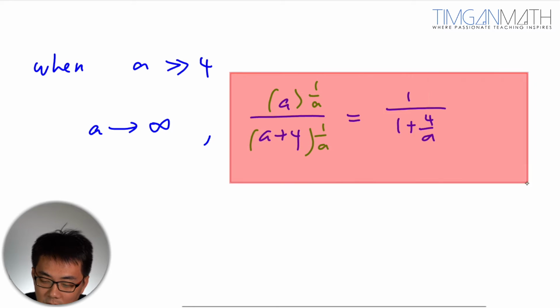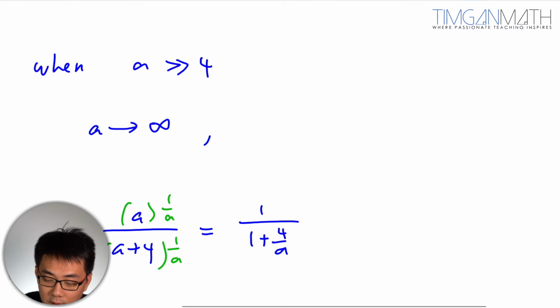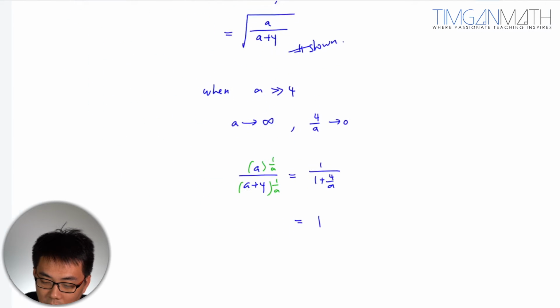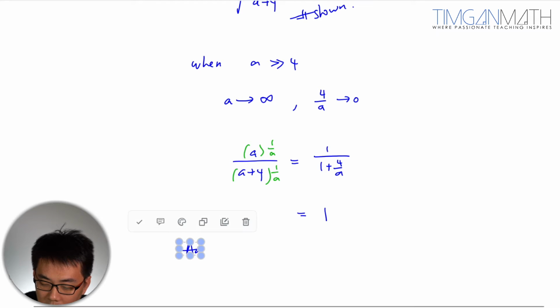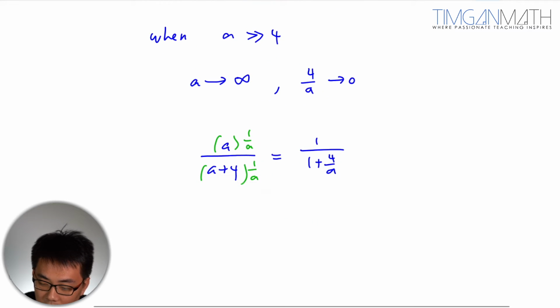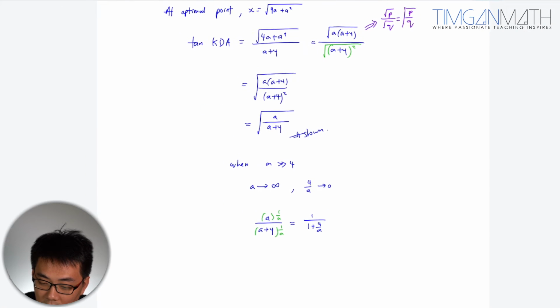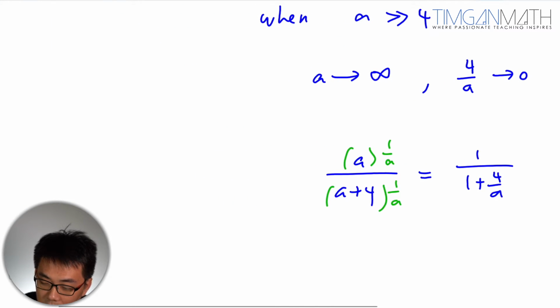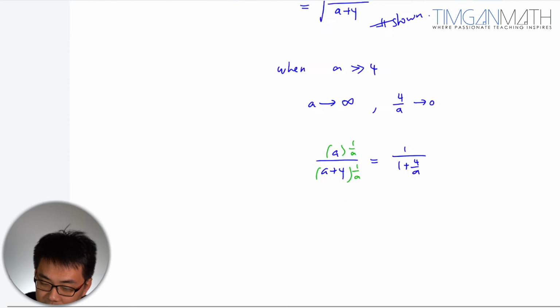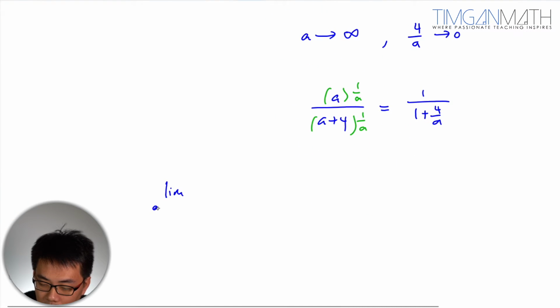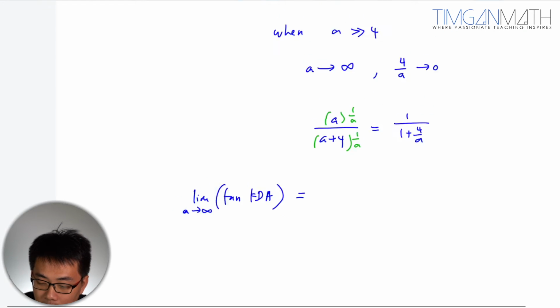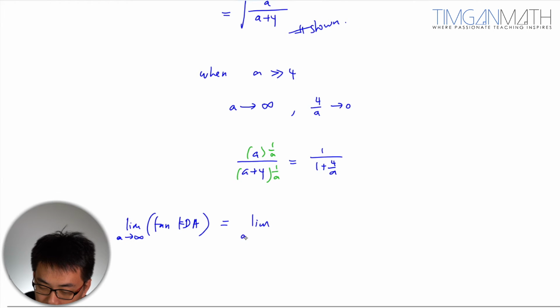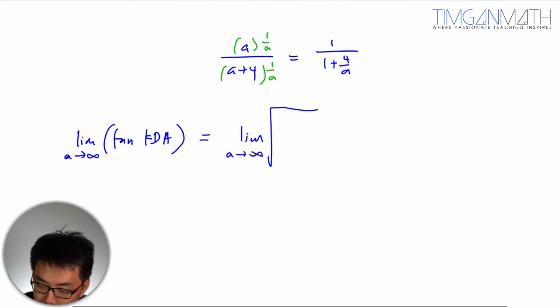So when a goes to infinity, 4 over a. We've done this many times in class, so just make sure you know where you're looking for this information here. So 4 over a goes to 0. So this case here will just be 1. Let me just write this down. As a goes to infinity, tangent KDA goes to the limit of a over a plus 4.